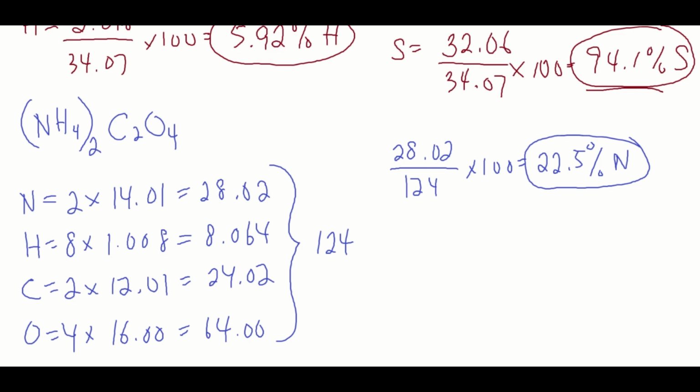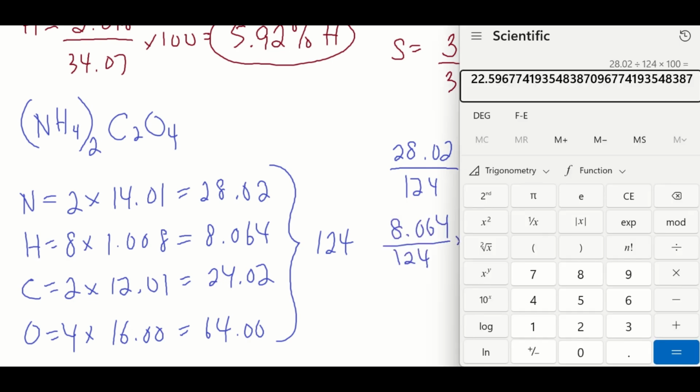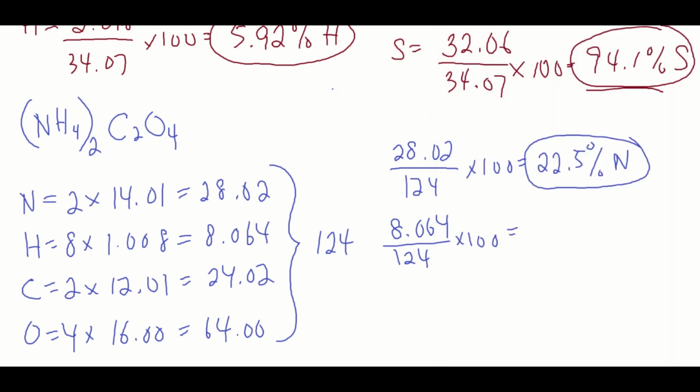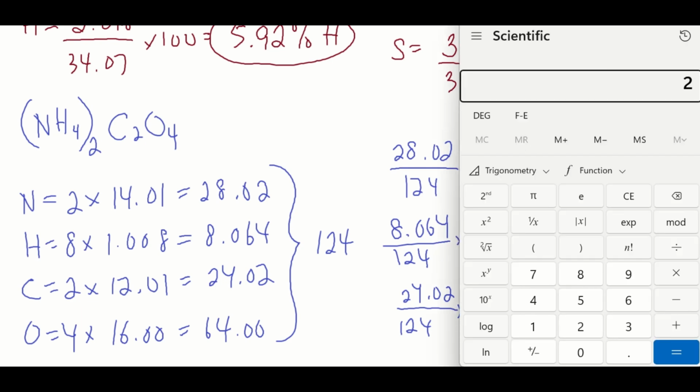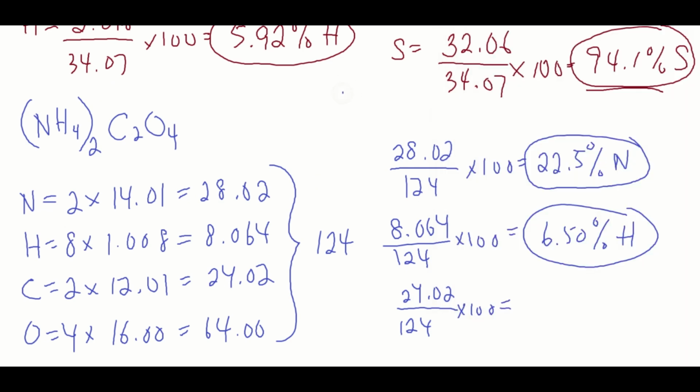And then for the hydrogen component, .5 is the mass percent for hydrogen. .4% is the mass percent for carbon.